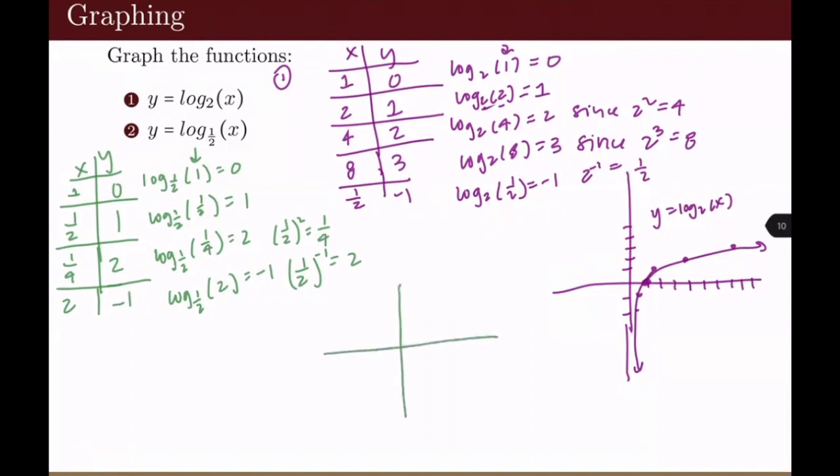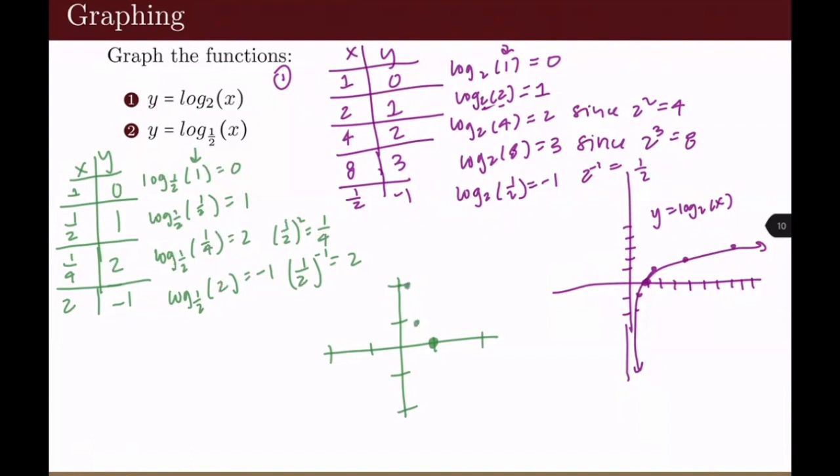All right. So I'm going to have really small numbers. So what I'm going to do is only 2 tick marks every way. So I'll start with 1 comma 0, which is over here. And then when x is a half, y is 1. When x is a fourth, y is 2.